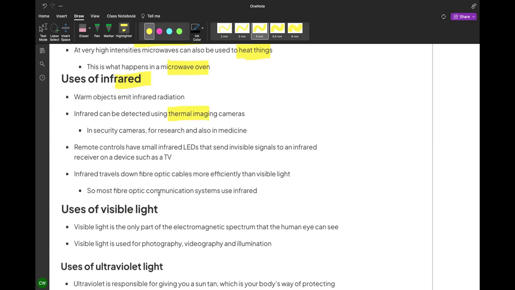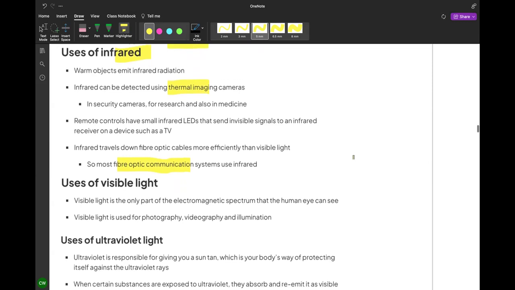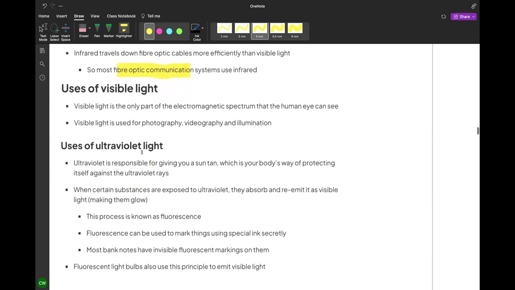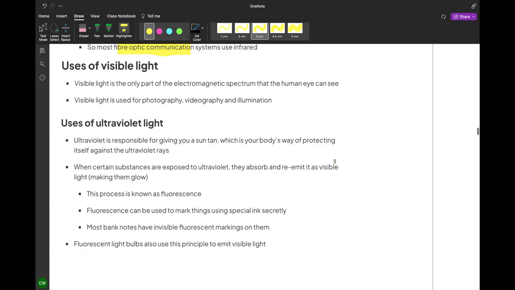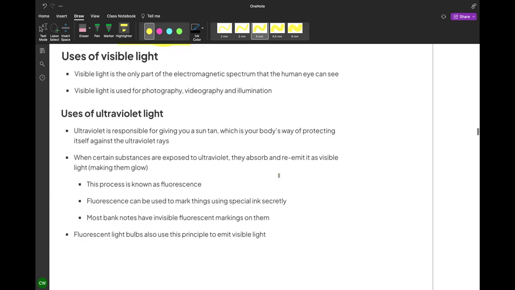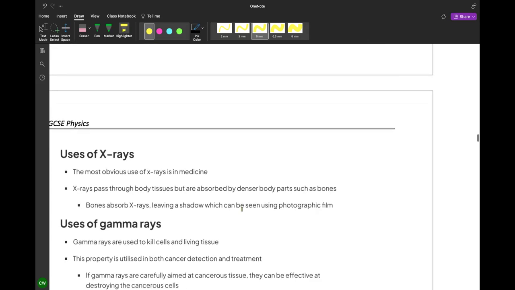Infrared, important thing you need to know is for fiber optic, for telecommunication. Okay, for communication. This one already explained to you already. Anything important? Violet, this one normally you ask about this banknotes. Okay, fluorescent marking. Another thing not so important.